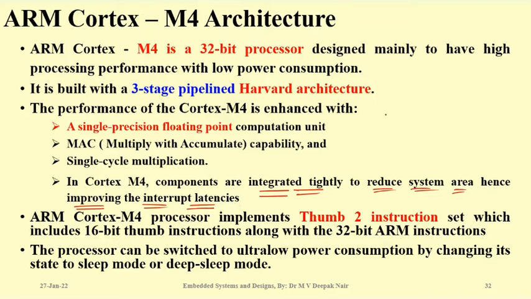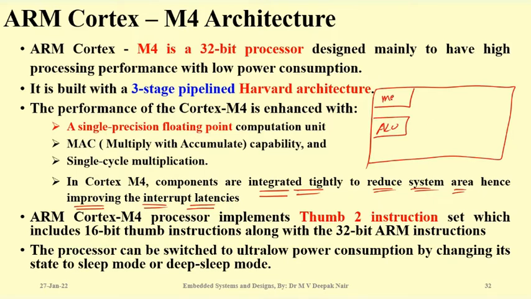So now, for example, assume the ALU is here. You have memory which is close to it, and then you have the NVIC. I will come to this also. The nested vector interrupt controller.